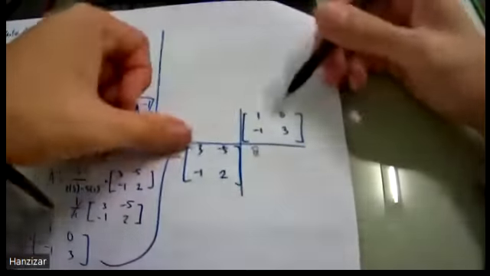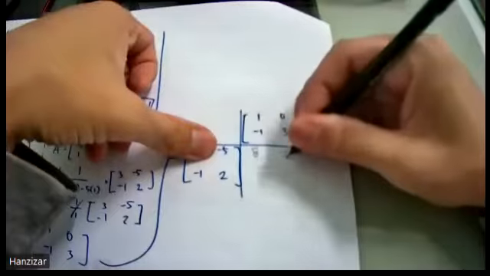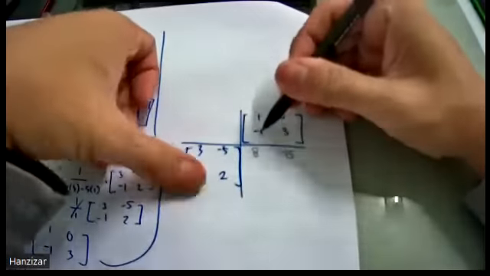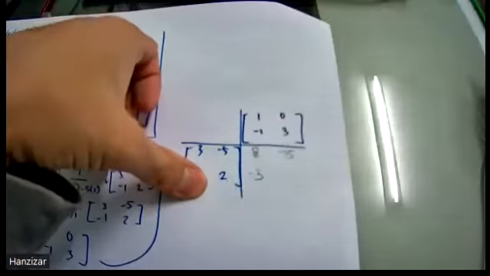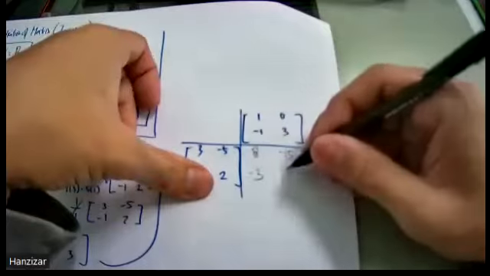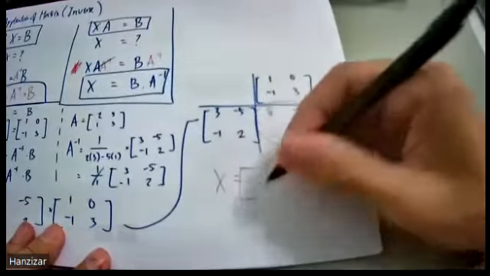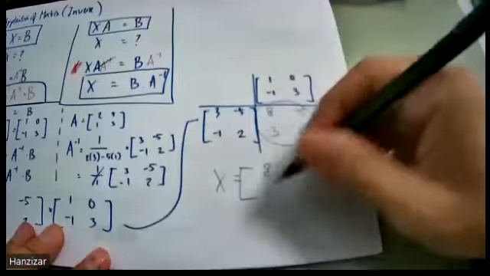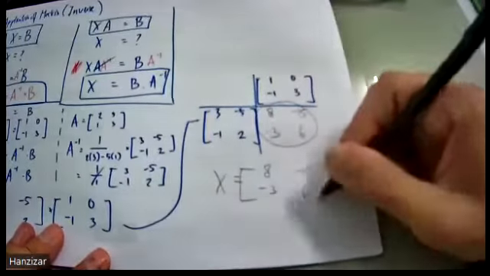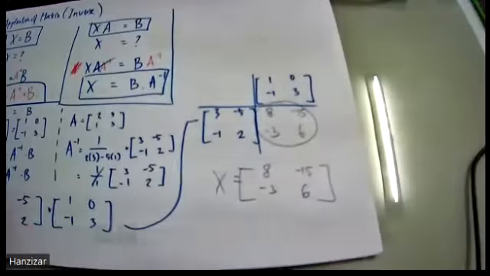Okay, and then next, 0 minus 15. -1 minus 2. Make it fast. 0 plus 6. There you go. So this is the value of X: 8, -15, -3, and 6. Easy peasy.